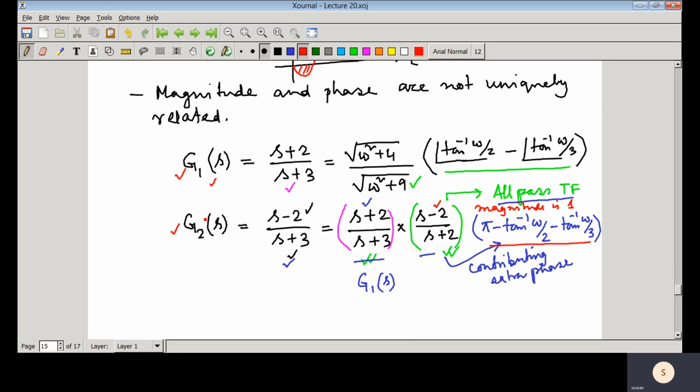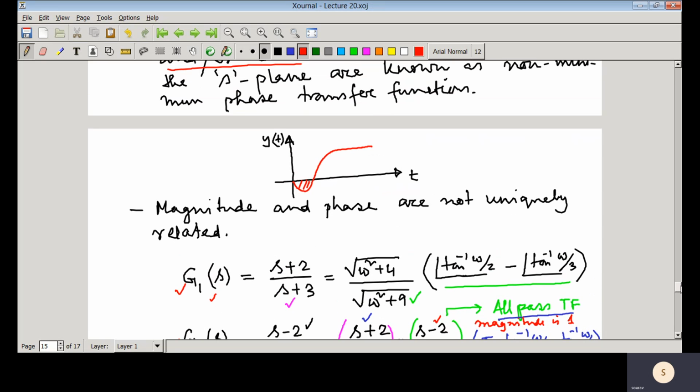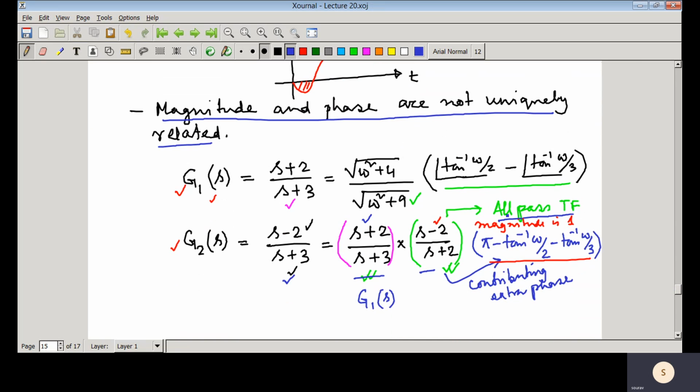That's why the G1 transfer function is a minimum phase system, but G2 of s is not a minimum phase system, it is called a non-minimum phase system. So that's why the name is non-minimum phase system. In the case of a non-minimum phase system, magnitude and phase are not uniquely related, because you can also add some more all-pass terms to G2 of s, and the magnitude remains the same, but the phase would be different.